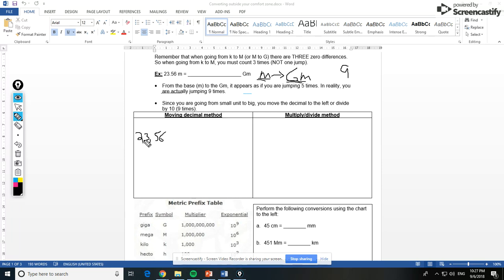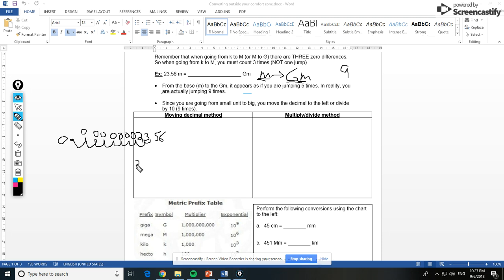So we have 1, 2, 3, 4, 5, 6, 7, 8, 9. Our new decimal place is right here. Place 0 here. And now we have 0, 0, 0, 0, 0, 0, 0.